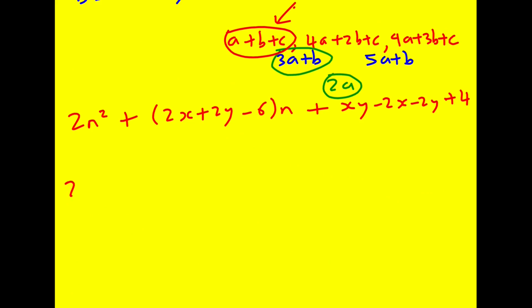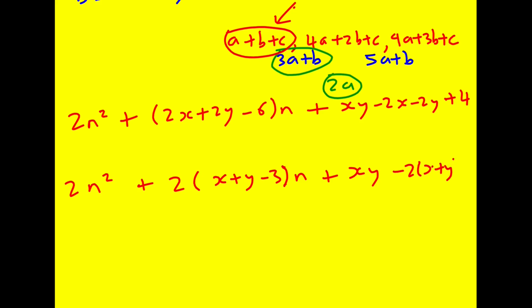Let me show you how. So we could leave it like that. Here you can actually factorize out 2. So it's going to be x plus y minus 3. And I don't know, might just be slightly nicer. Here, it's not loads you can do, but you could factorize out 2 with the x and the y and write x plus y.